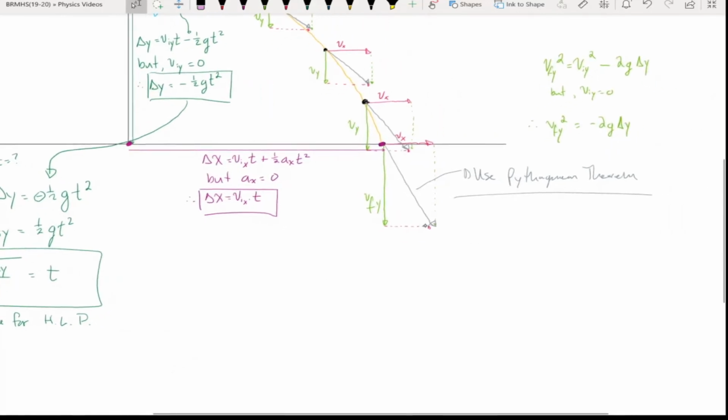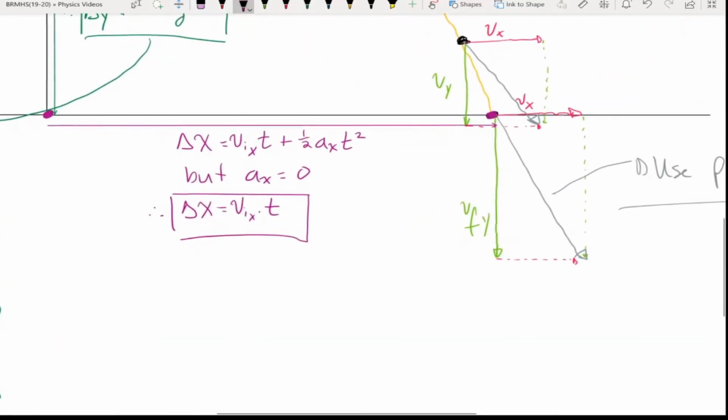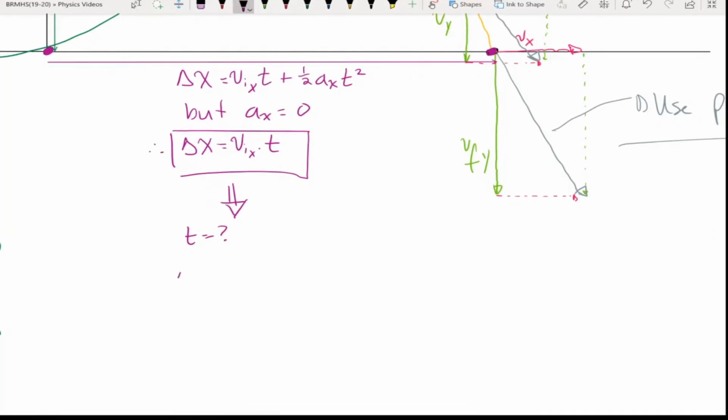Okay, how about in purple, our horizontal stuff? Let's say I wanted to find the time. Well, from this guy, I know this is going to be true for all of my projectiles, not just horizontal ones. If I wanted to find time, then I have delta x over the velocity in the x direction, which I don't even need the i in there because it's always the same velocity because there's no acceleration.